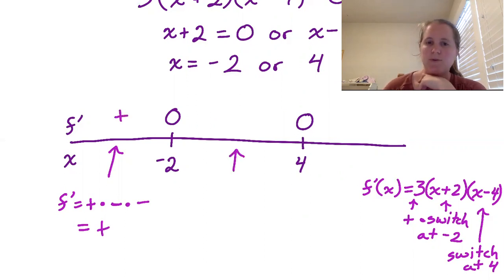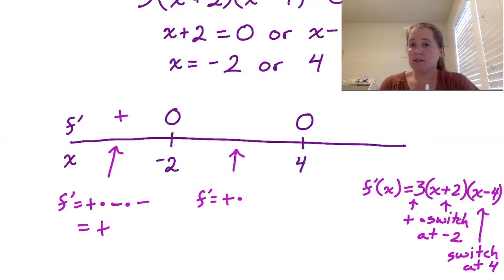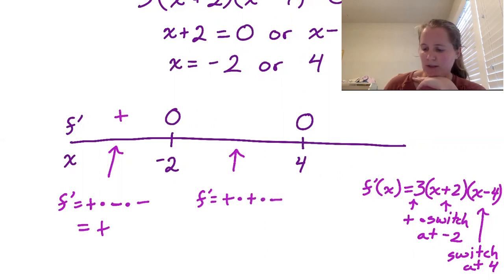We pick something between negative 2 and 4. That 3 is still positive. Then we are multiplying by x plus 2 has now switched to positive. X minus 4 will still be negative. It doesn't switch until we hit 4. So multiply these together, we're negative.